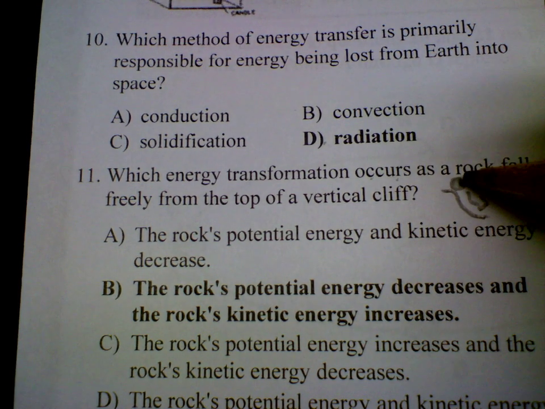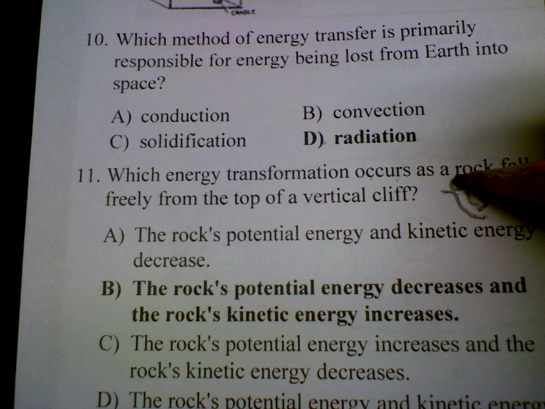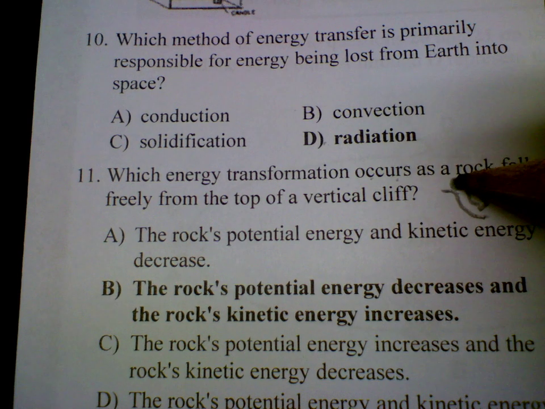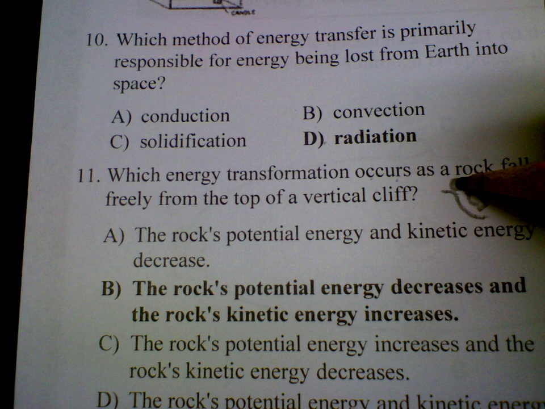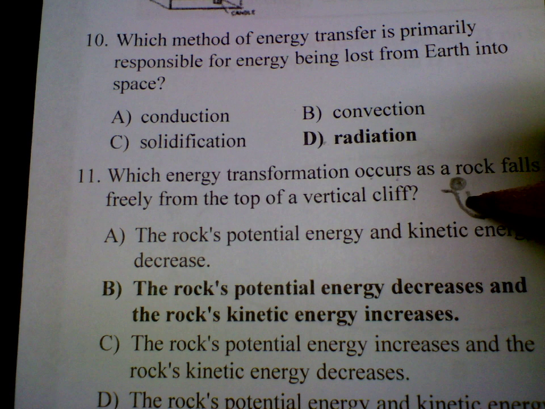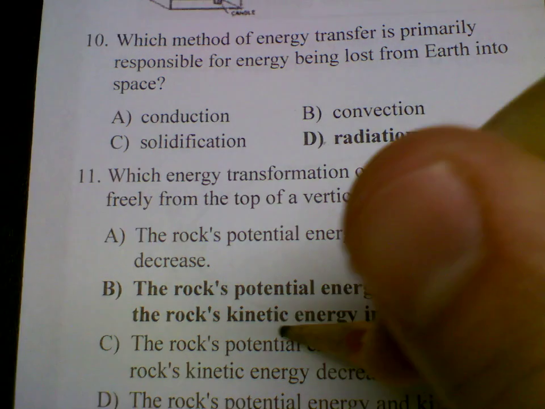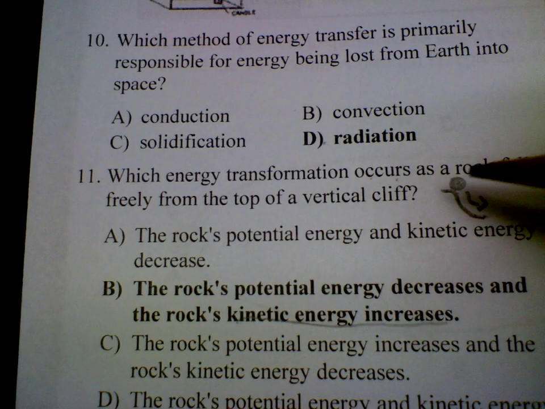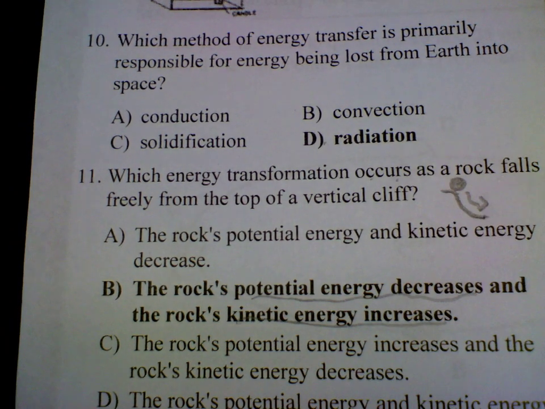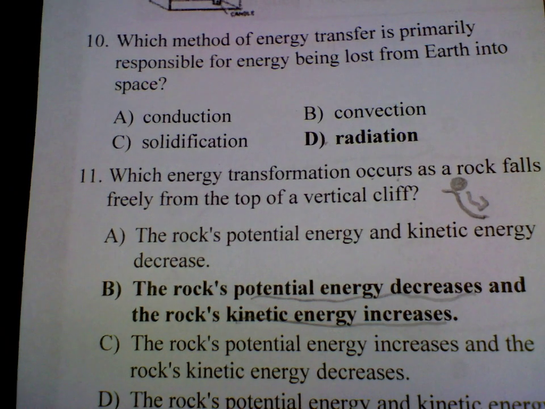Well, that rock, remember, the higher you are above Earth's surface, the more potential energy you have. So starting from the top, there's a lot of potential, and very little kinetic. As the rock starts to move, kinetic energy will increase, and if kinetic energy goes up, potential energy goes down. Choice B for number 11.